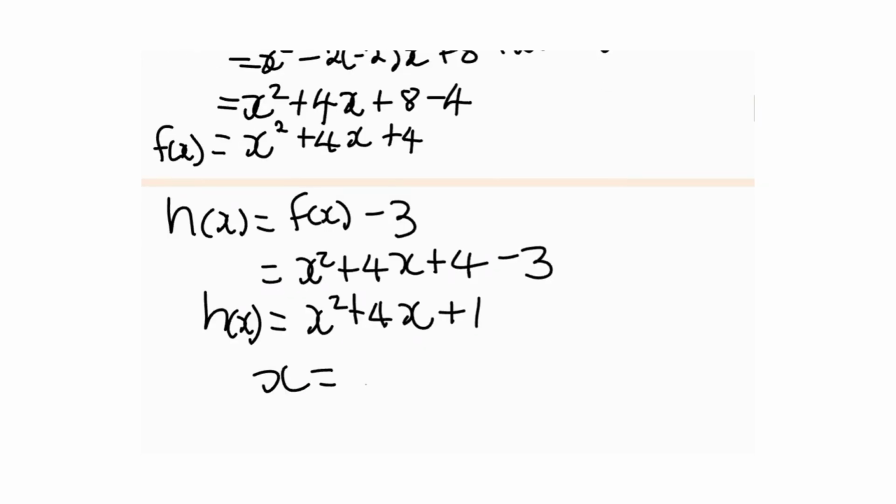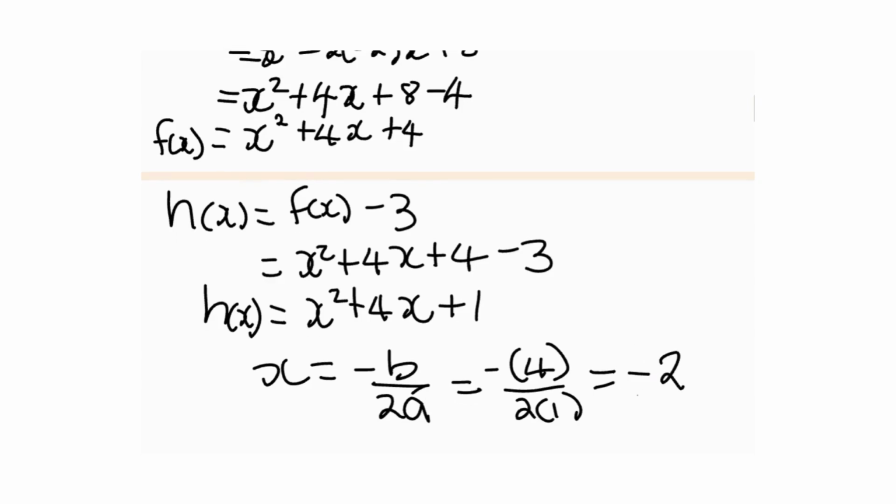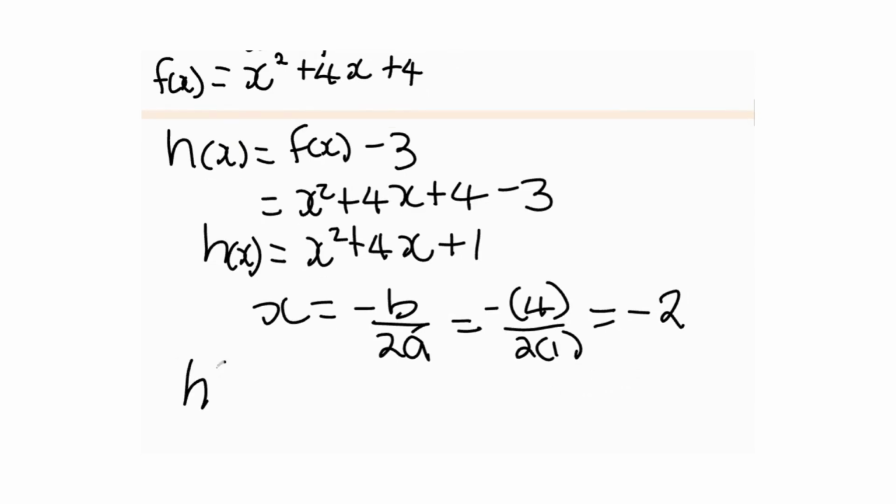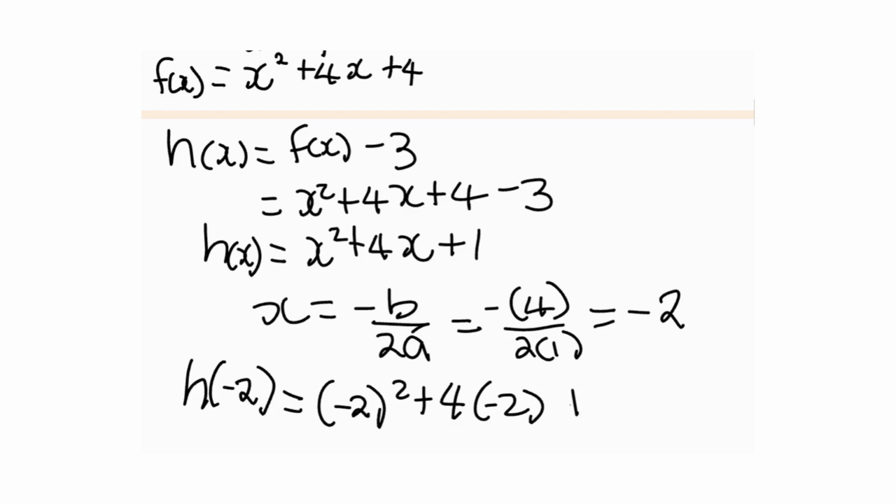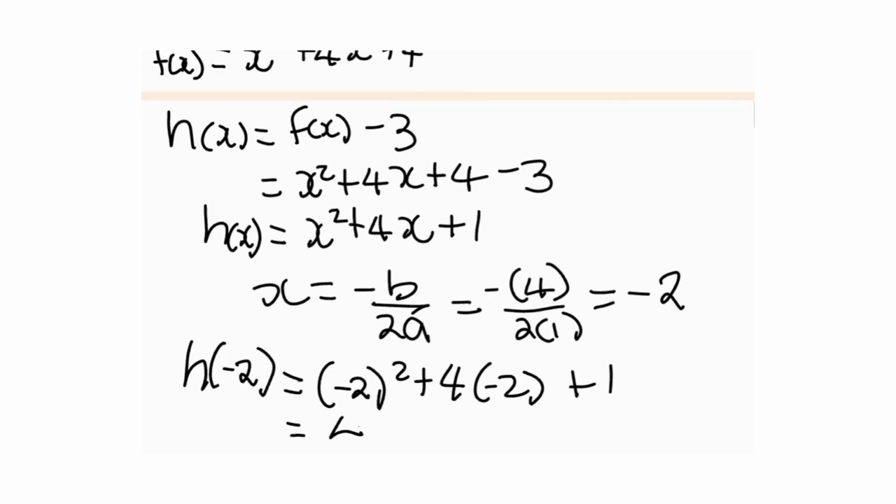We can find the x value of the turning point with minus b over 2a, and that's going to be minus 4 over 2 times 1, and 2 times 1 is just positive 2, so that's going to be negative 2. Then we have to substitute it back into h(x) to find the y value. So we have negative 2 squared plus 4 times negative 2 plus 1, which is 4 minus 8 plus 1.